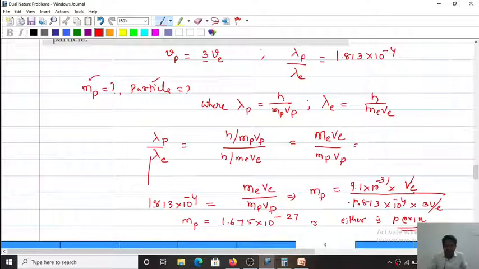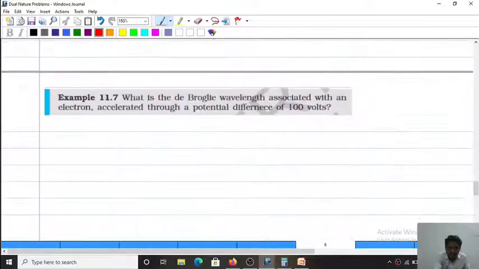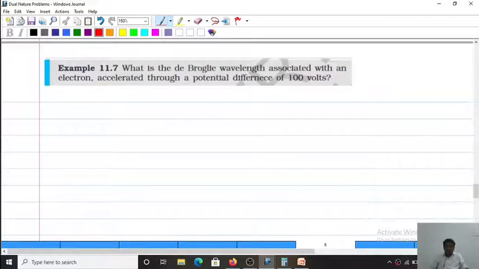Next, problem number 7, the last problem from this chapter. What is the de Broglie wavelength associated with an electron accelerated through a potential difference of 100 volts? We have one more expression for the de Broglie wavelength of an electron, lambda e.